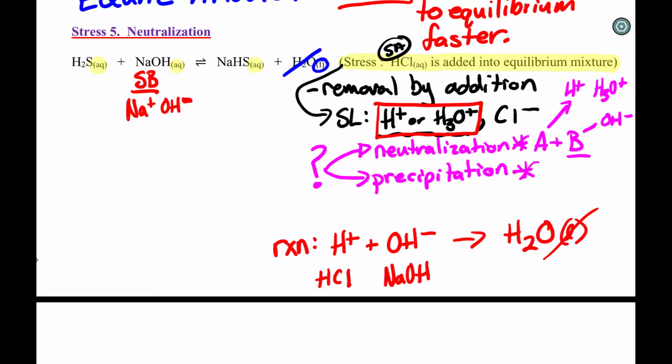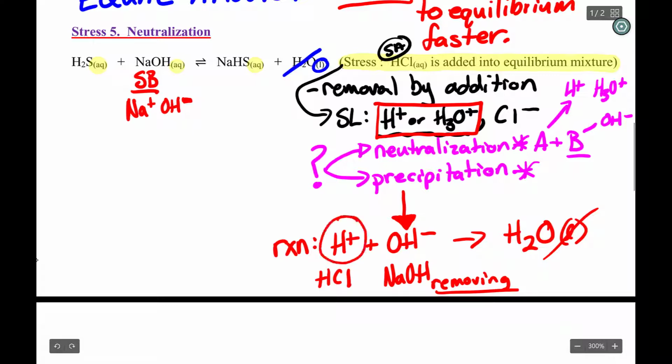This hydroxide is being consumed. It's being used up. It's being neutralized. I'm removing the OH minus by the addition of hydrogen ions. By adding in hydrogen ions, they neutralize the hydroxide. That causes the concentration of hydroxide to go down because it's becoming part of water.